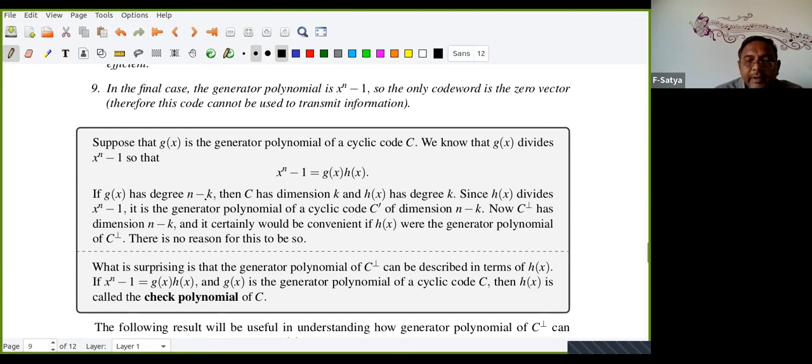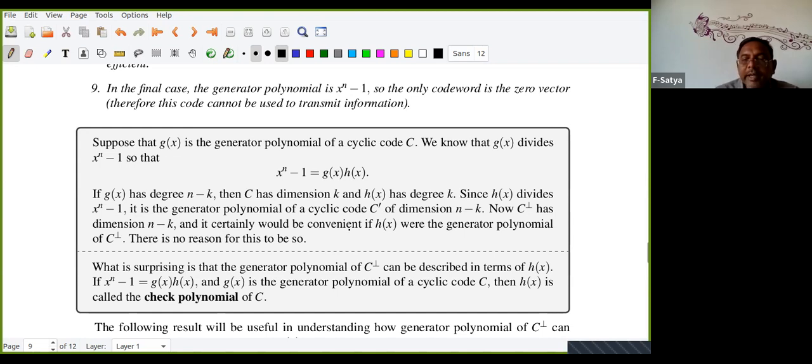The degree of g of x is n minus k. C has dimension k, so h of x has degree k. Since h of x divides x power n minus 1, it is a generator polynomial for some cyclic code C dash of dimension n minus k. Now C perp has dimension n minus k.